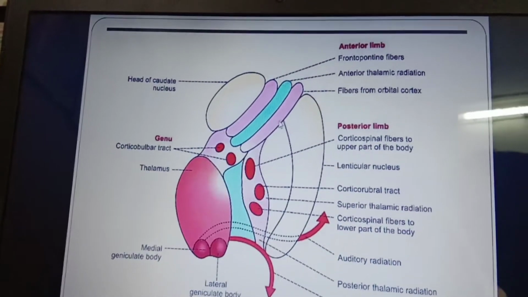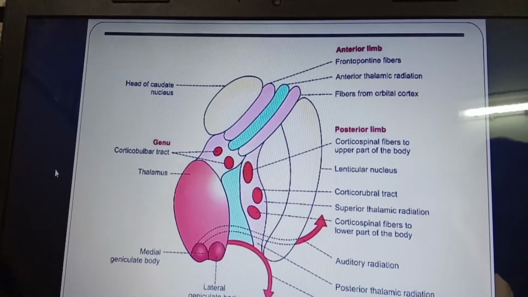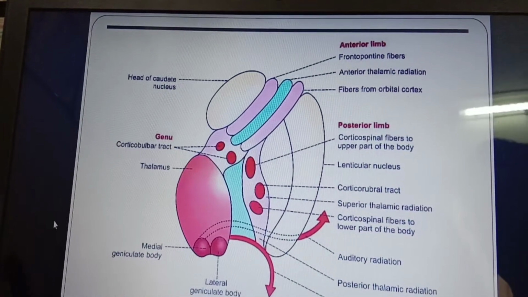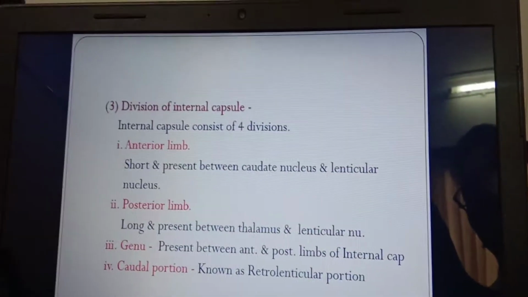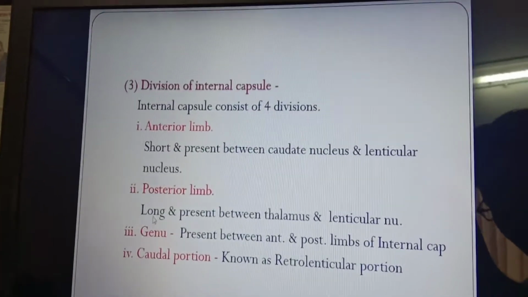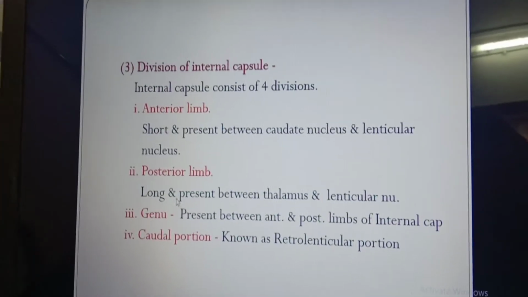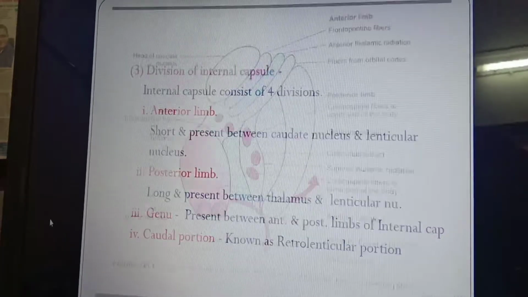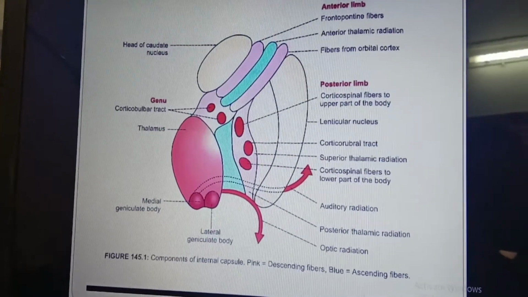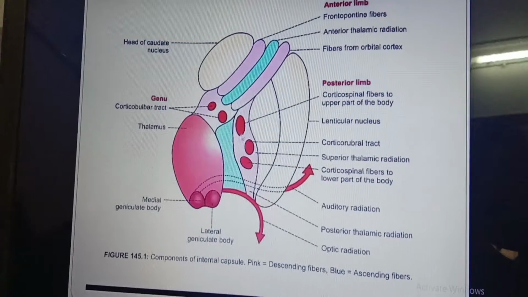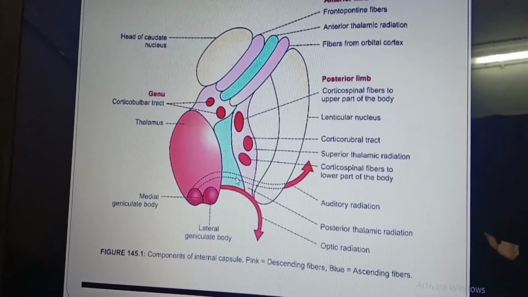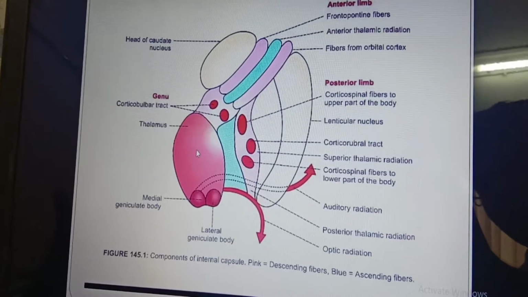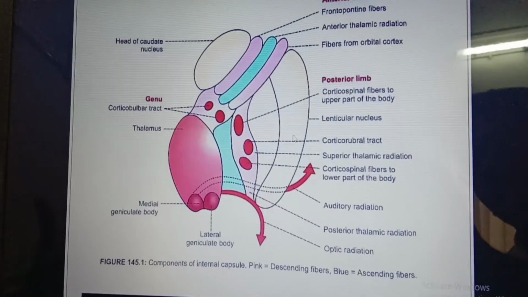The next part of the internal capsule is the posterior limb. This posterior limb is very long as compared with the anterior limb, and it is present in between the thalamus and lenticular nucleus.